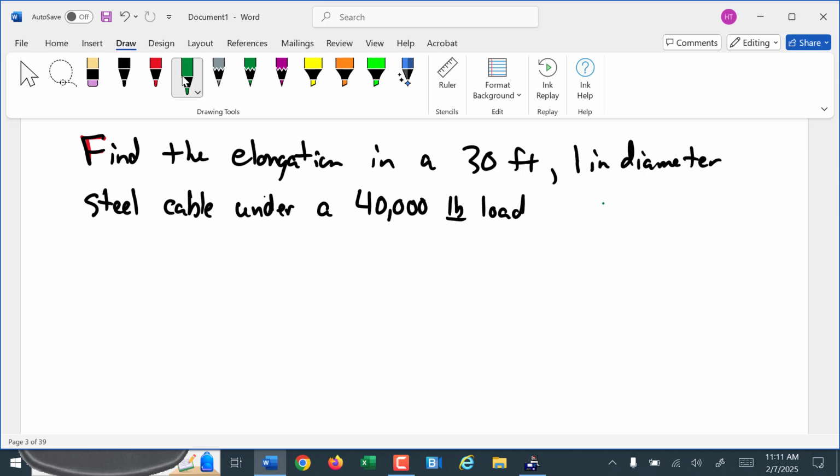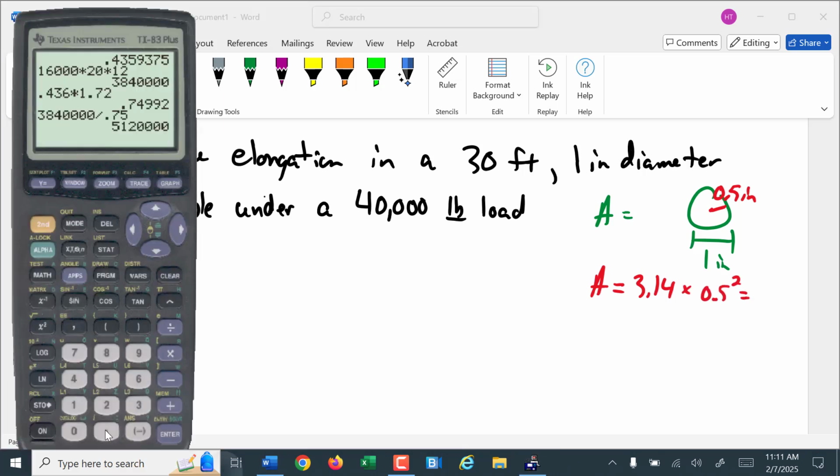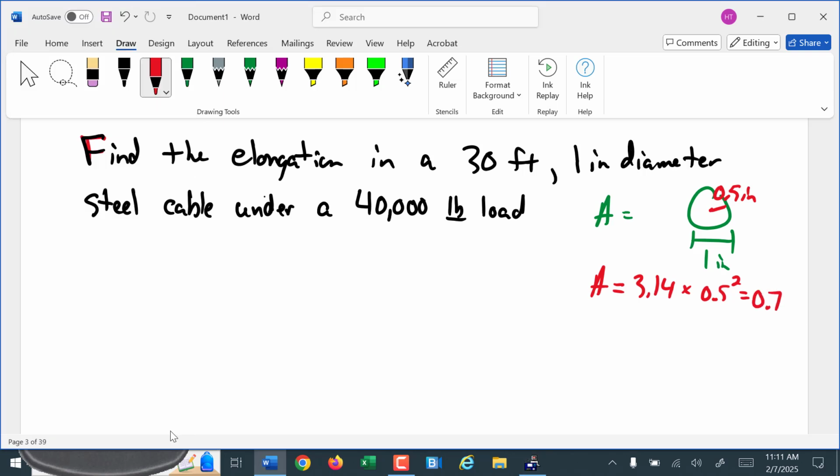So I'm going to find the area of my cable here first. 1-inch diameter means, of course, a 1/2 inch or 0.5 inch radius. So that area, 3.14 times 0.5 squared, is going to be 0.785 square inches. So that's our area.